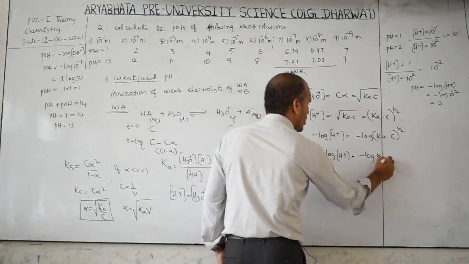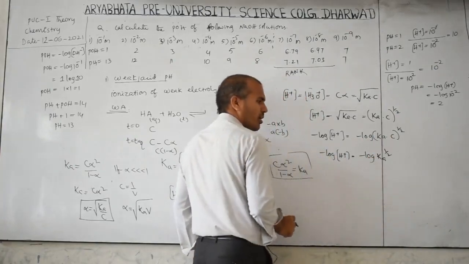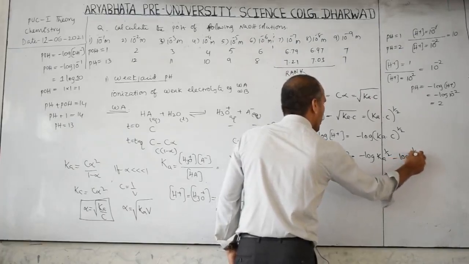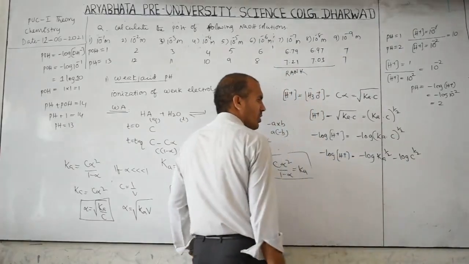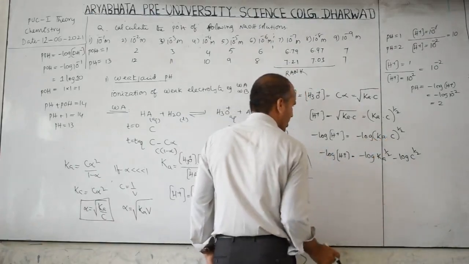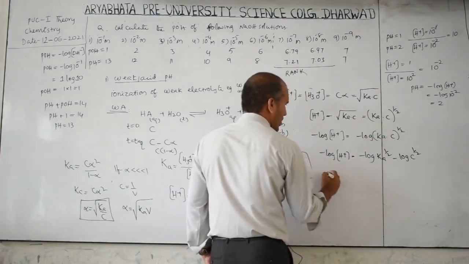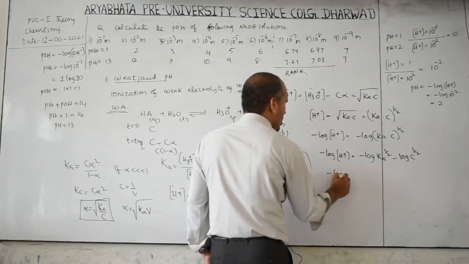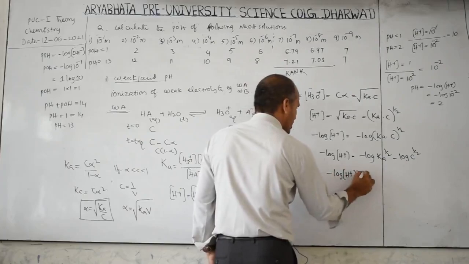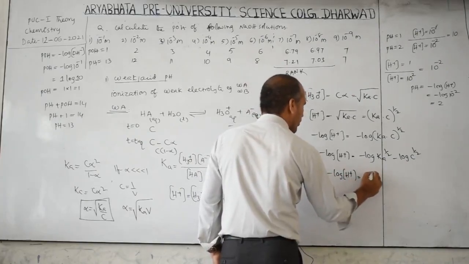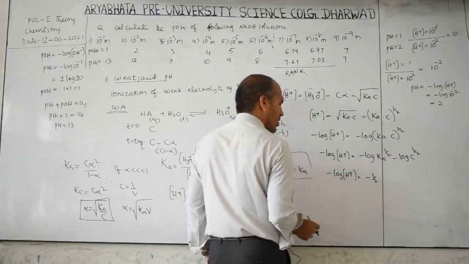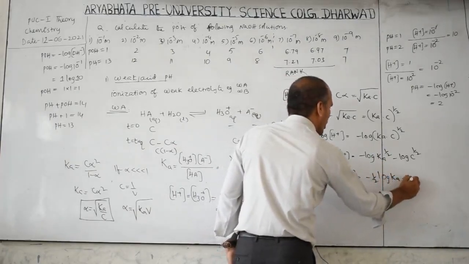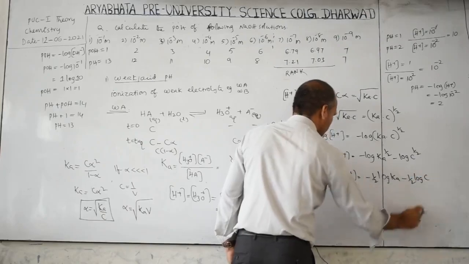Now Ka whole power 1 by 2, then minus log C whole power 1 by 2, because this 1 by 2 is for both Ka and C. So now minus log H+ ion concentration is equal to negative logarithm, and this is 1 by 2 because A power x form is there, minus 1 by 2 log Ka minus 1 by 2 log C is there.